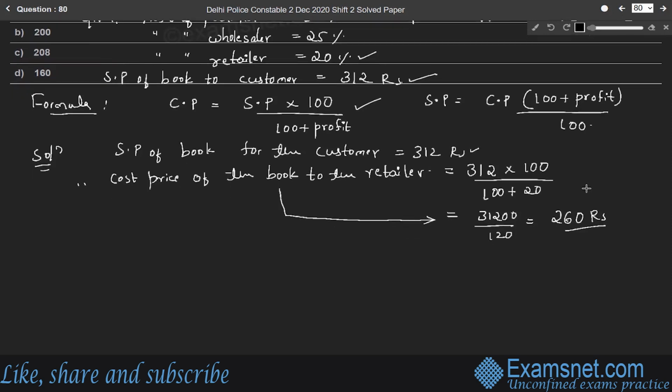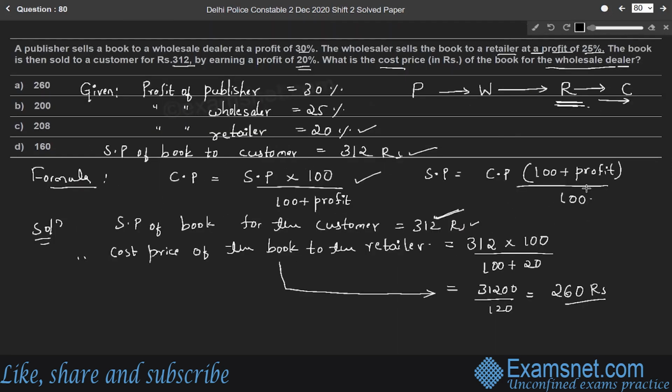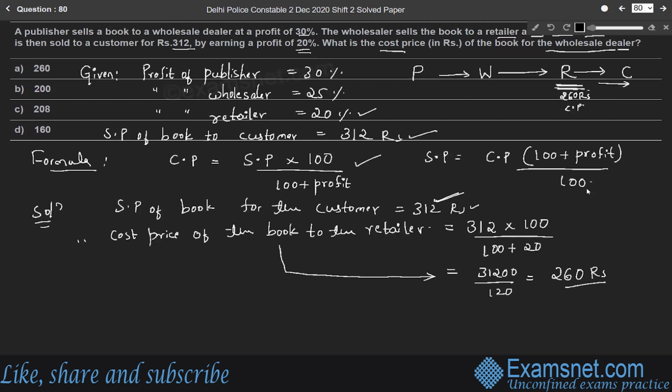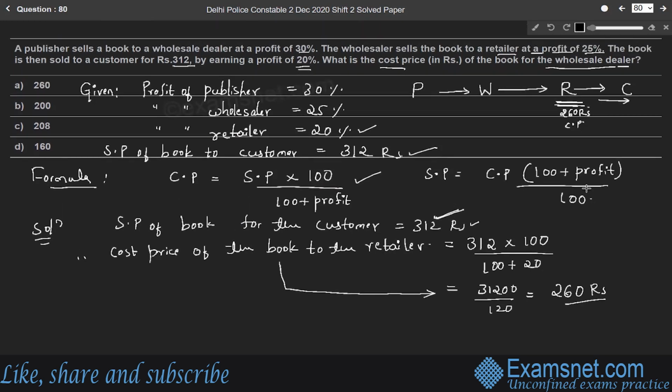He sells the book to the customer for 312 rupees. So here it is 260 rupees cost price, right? So what is the third step here? Selling price of the book for the wholesaler. So here this cost price of 260 rupees becomes the selling price for the wholesaler. That means the wholesaler sells the book for 260 rupees to the retailer.